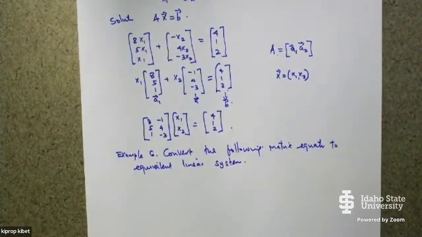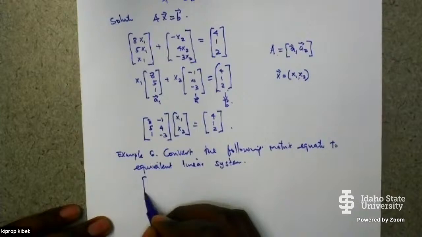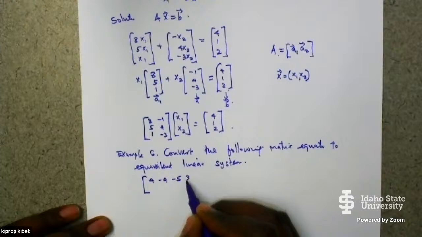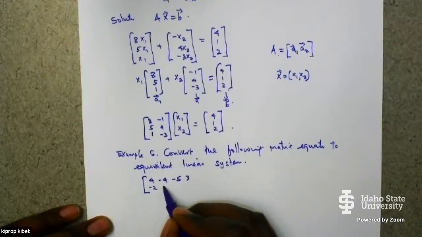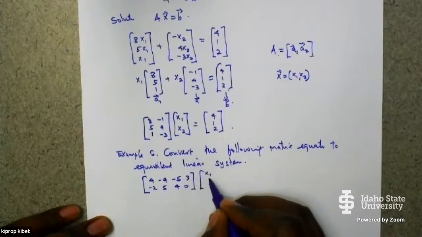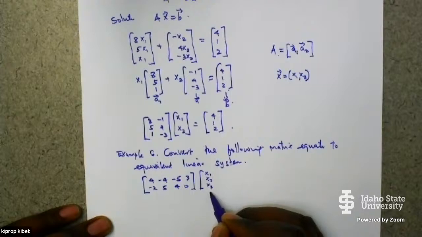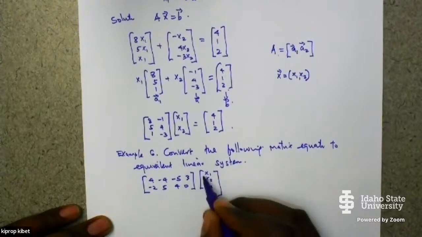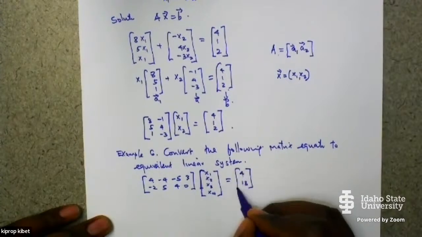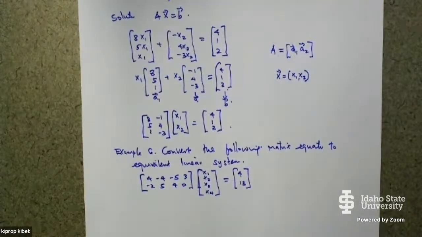We have the matrix equation with rows 4, -4, -5, 3 and -2, 5, 4, 0, times x1, x2, x3, x4, equals 4 and 13. How would we convert that into an equivalent linear system?